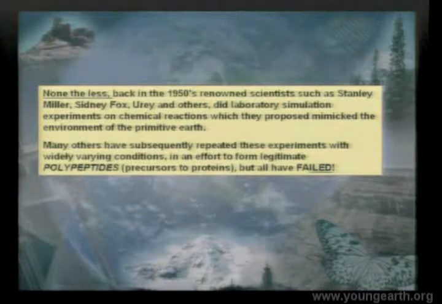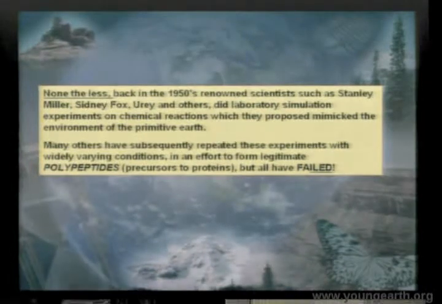Now, in spite of all of this complexity, which I've just shared with you, of course you can say, well, some of this is more recent information than we had previously, right? Which is true, but they had a good bit known about it back in the 50s because the structure of DNA by Watson and Crick was determined back in the 50s, okay? So they knew something about complexity then, even then.